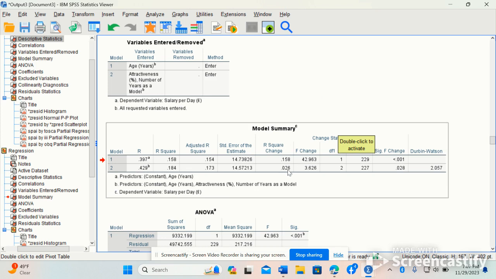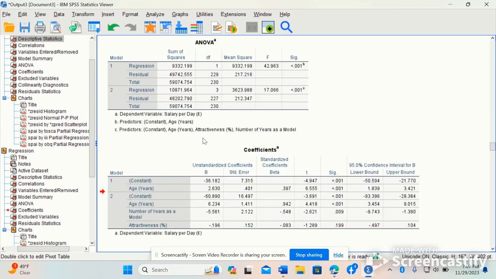So there's only a 2.6% difference between the models.